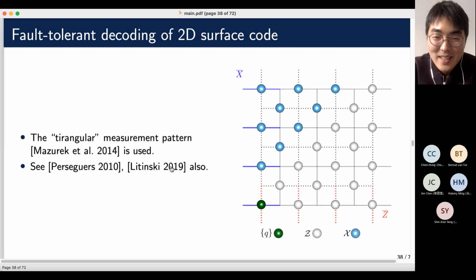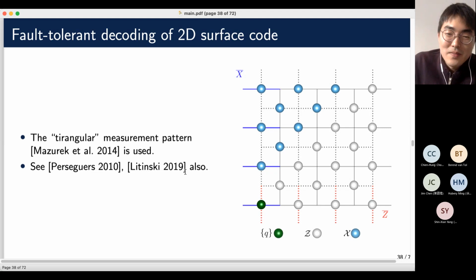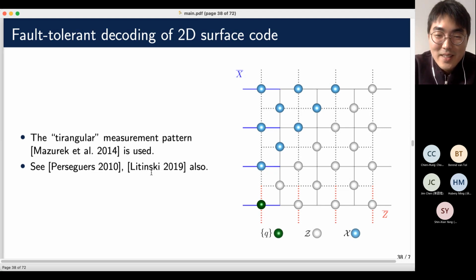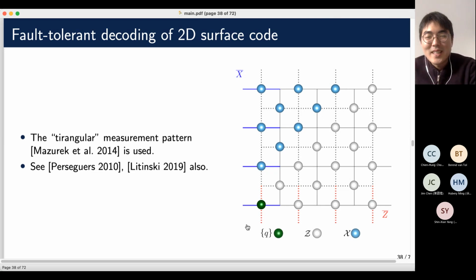And Litinski, in a relatively recent paper, used this measurement pattern for logical T-gate measurement, and our result subsumes this logical measurement because after our protocol we get a single qubit state, and then we can perform T measurement.